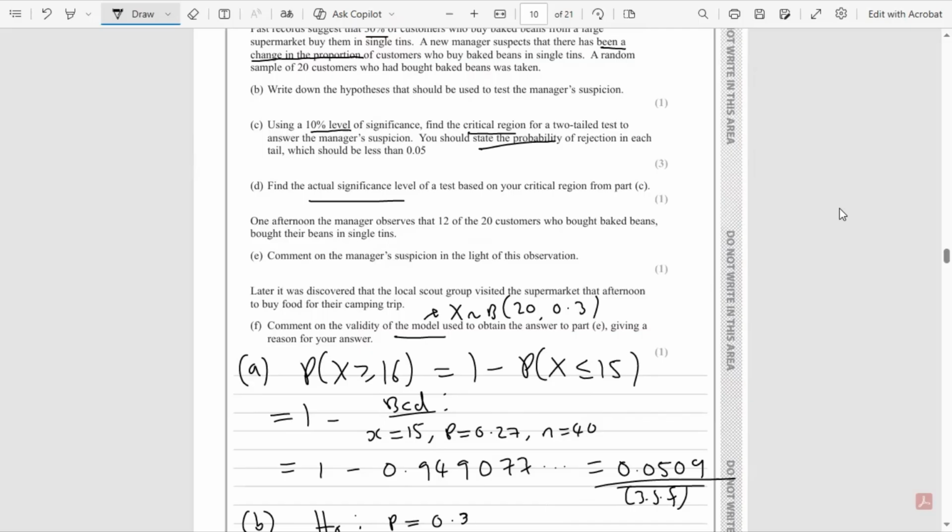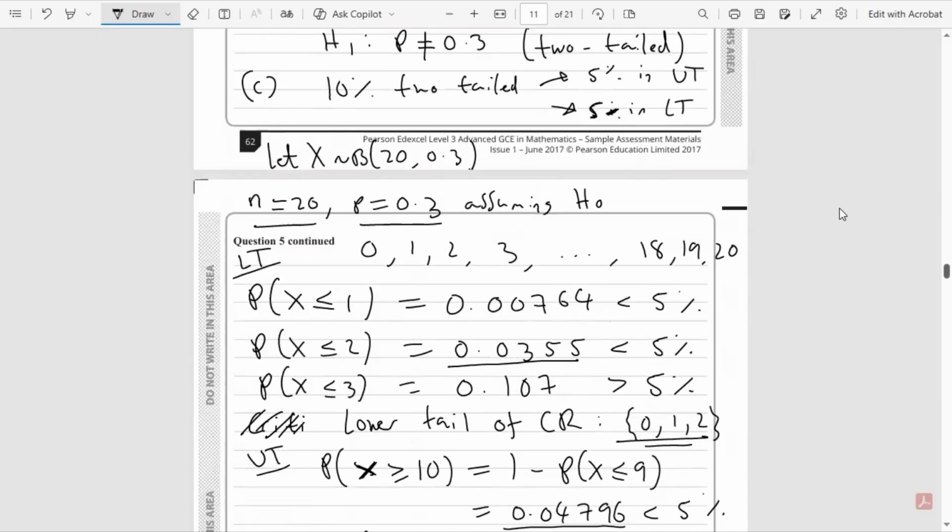You could make the argument here that if one member of the scout group bought a single tin, then that could impact the chance of the others, because if one person buys the single tin, then maybe the others do or don't. Or maybe if it's a scout group, they don't buy the single tins and they all buy other groups of tins rather than just single tins. So I'm going to use that argument for this question.